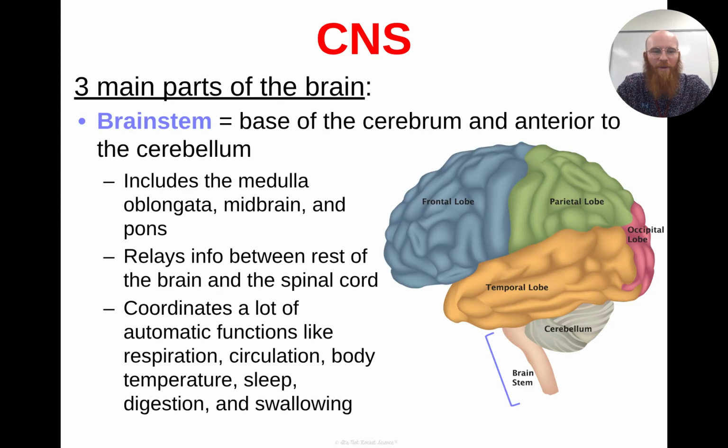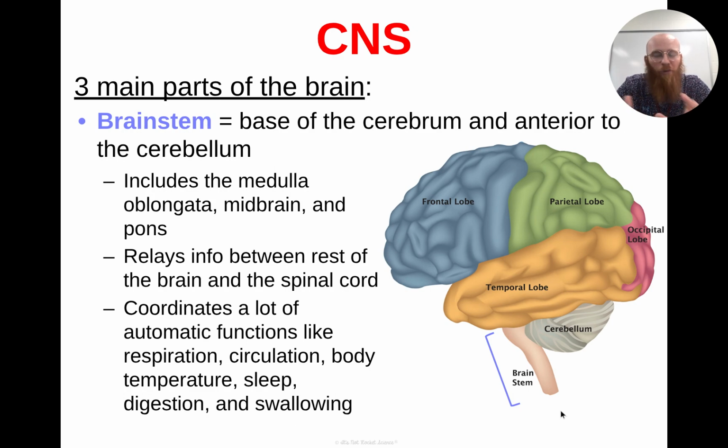And then finally, we have our lowest portion here, our brainstem. This is the base of the cerebrum. It is anterior or in front of the cerebellum. This includes the medulla oblongata, the midbrain, and the pons regions. We can further break those down as well because each of those will naturally serve their own function within the brainstem.